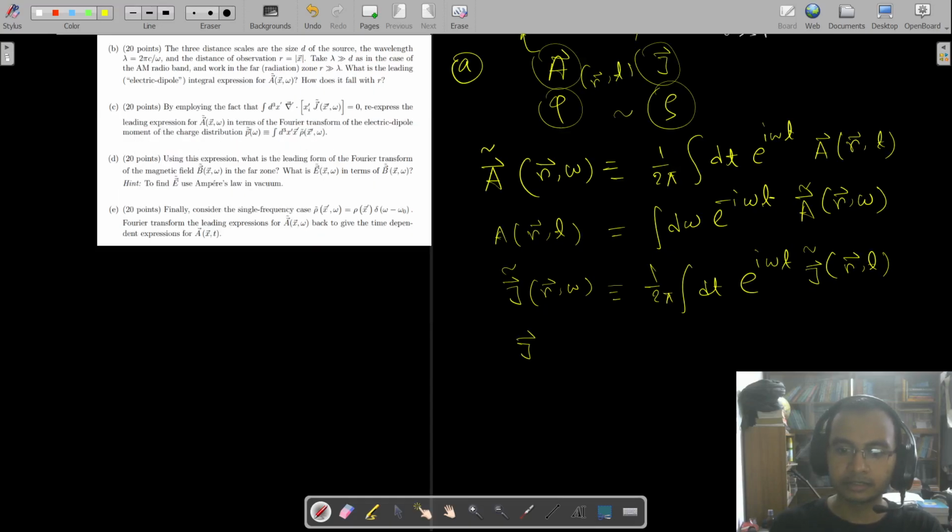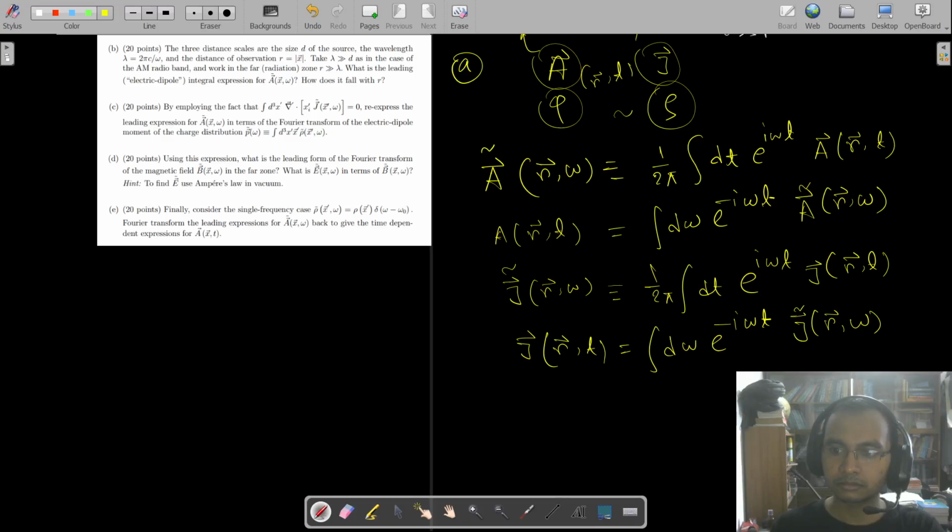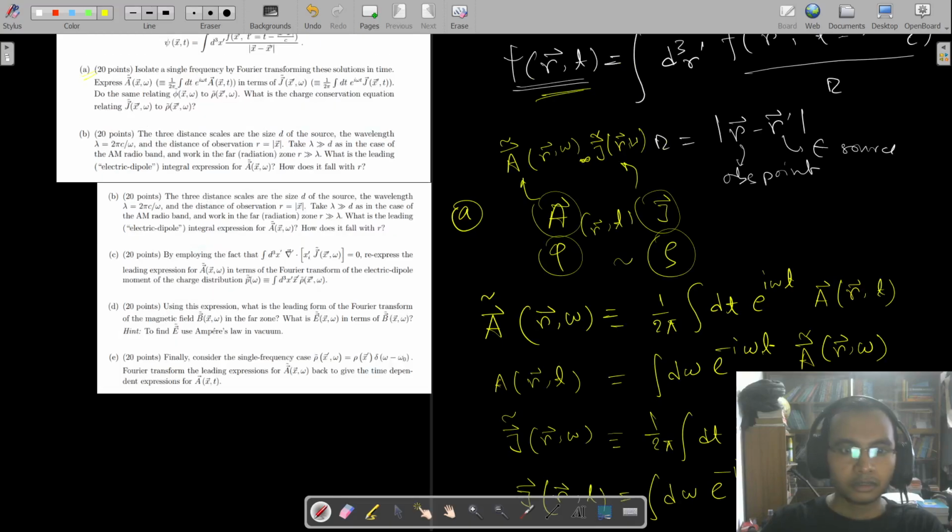And so you can write j(r, t) as the integral of e to the power minus i omega t j tilde (r, omega). Right.